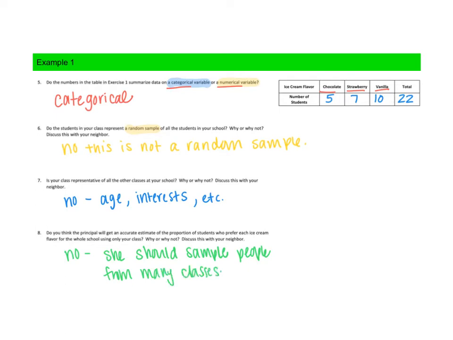If she's trying to estimate for the entire school, she should do a random sample from kids throughout the entire school. Now, does it make sense to ask every single student? No, but it should be a small subgroup, right? Maybe kids who are just walking in throughout the day, she just randomly asks, hey, what's your favorite flavor of ice cream? And marks down the tally mark. Okay? So let's go ahead and move on to the next example. After you have all this down, we're just kind of interpreting it at this point.